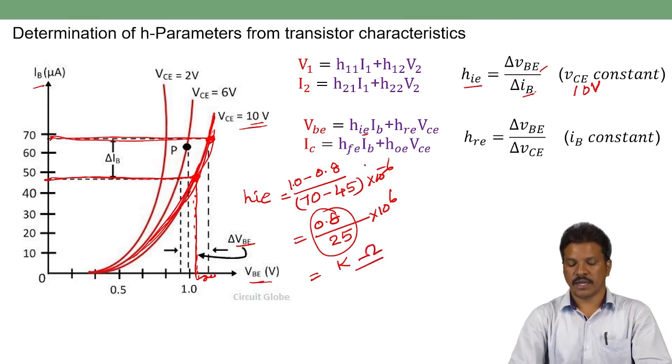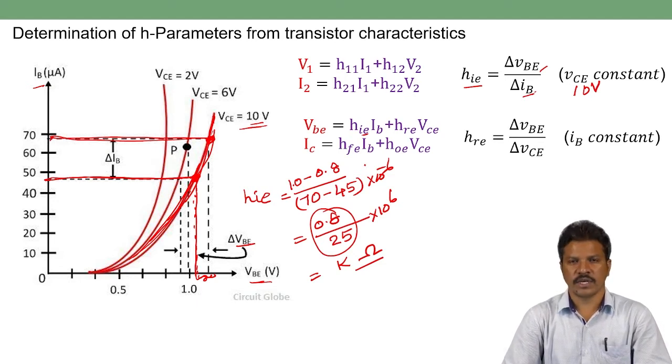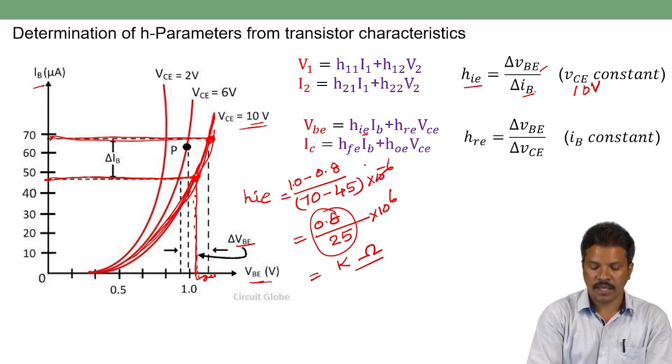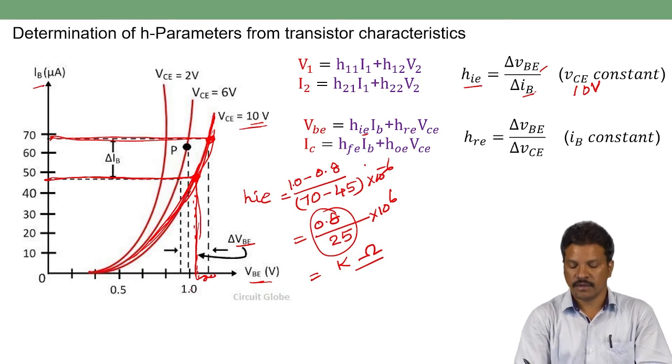The units for HIE are represented in kilo ohms or ohms, so that we can determine the input impedance from the input characteristics.